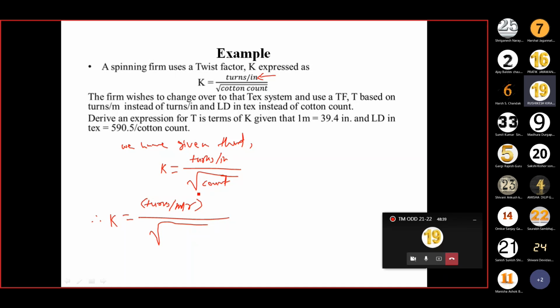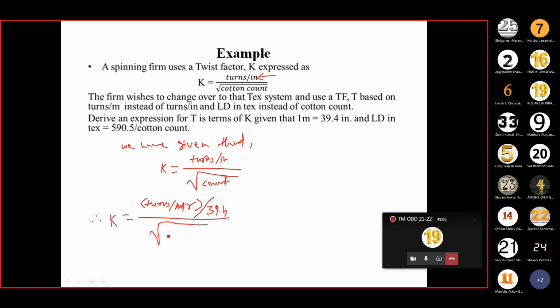If you want turns per meter, obviously you have to divide it by 39.4. Very simple logic. Why are you people facing problems, I don't know. So turns per meter divided by 39.4.